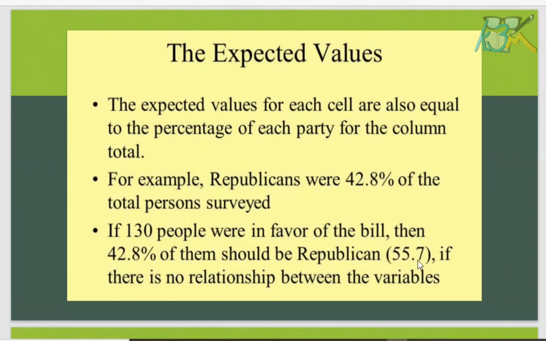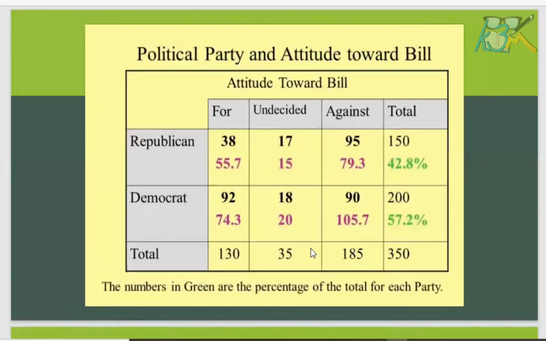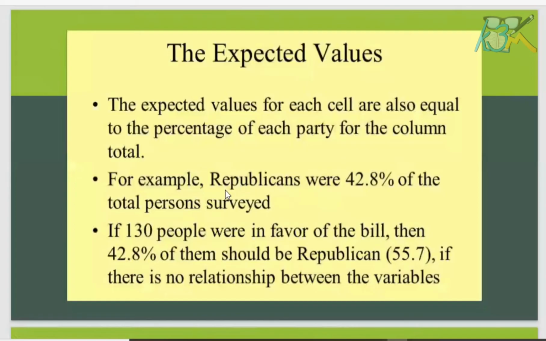Okay, yung 55.7. Kasi yun nga, 42.8% yung dami ng pabor na galing sa Republican. So if there is no relationship between the variables, simple yung tingnan.